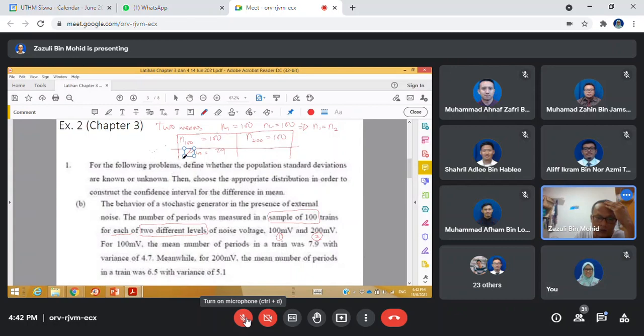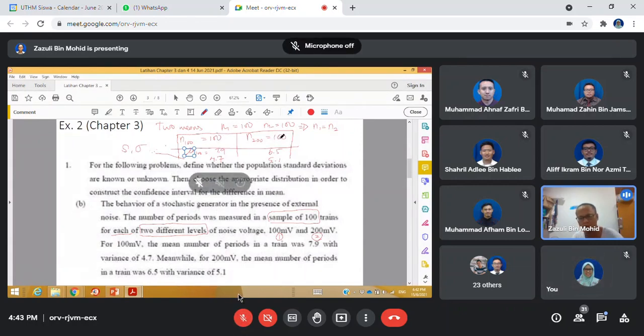Variance dia boleh jadi S, boleh jadi S squared, 4.7, while the other one is 6.5, 5.1. So N lebih besar daripada 100, lebih besar daripada 30. Sekarang ni N larger than 30.